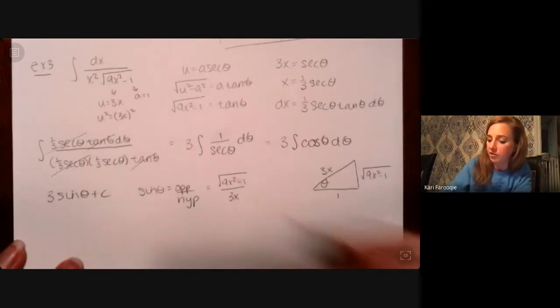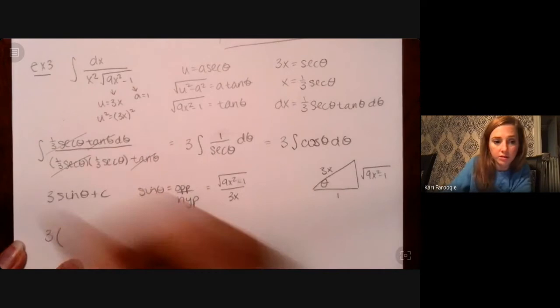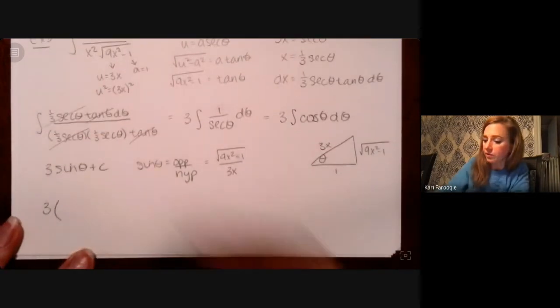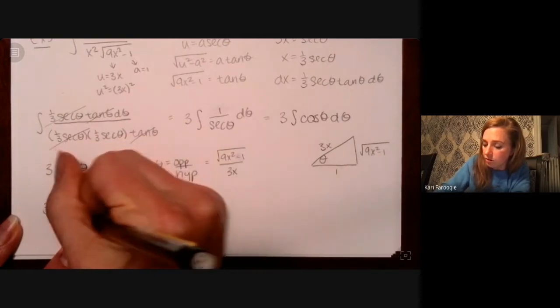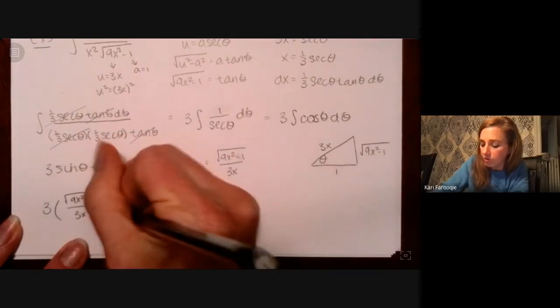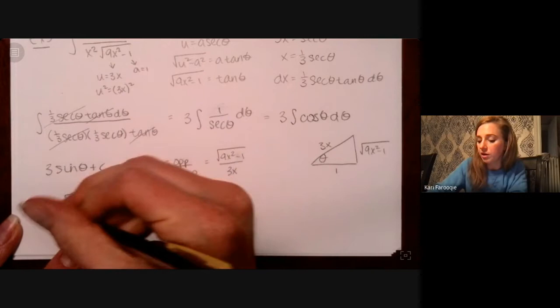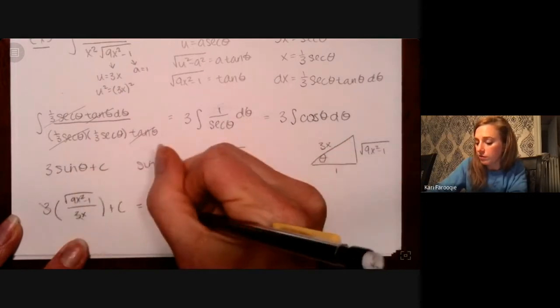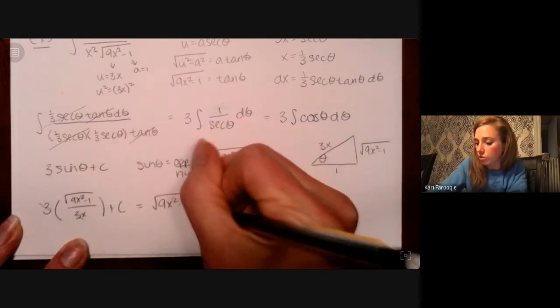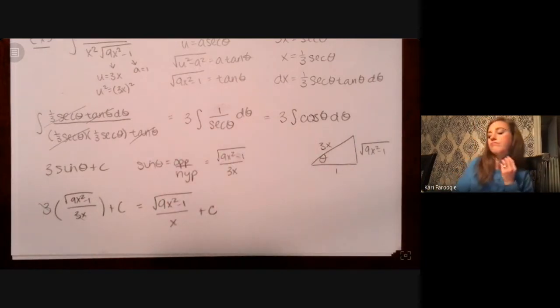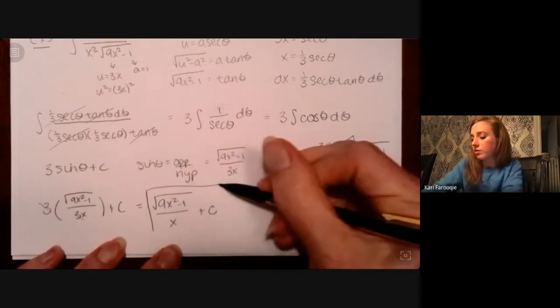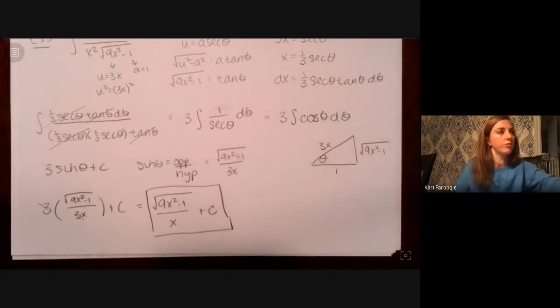So we can now say that we have 3 times the square root of 9x squared minus 1 divided by 3x plus c. Cancel out your 3s, and that leaves you with the square root of 9x squared minus 1 divided by x plus c. And that is the integral right there.